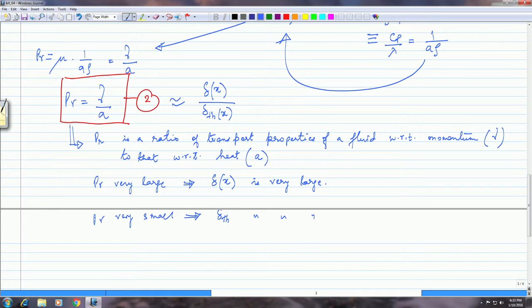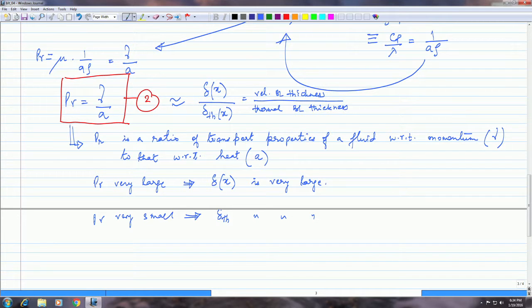Okay. So, we can say that this is the ratio of the velocity boundary layer thickness to the thermal boundary layer thickness, right.